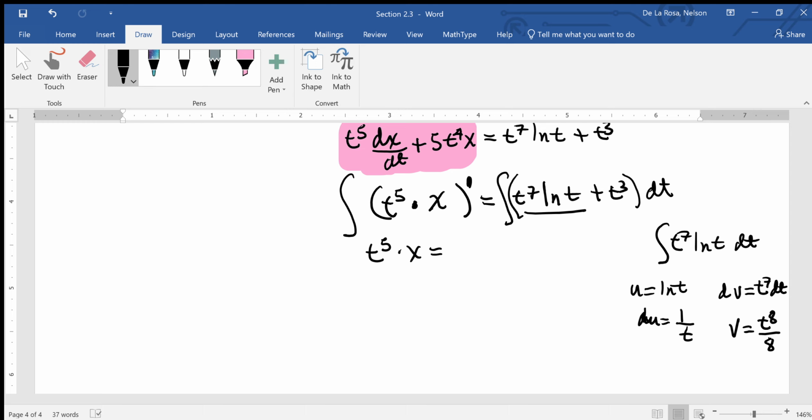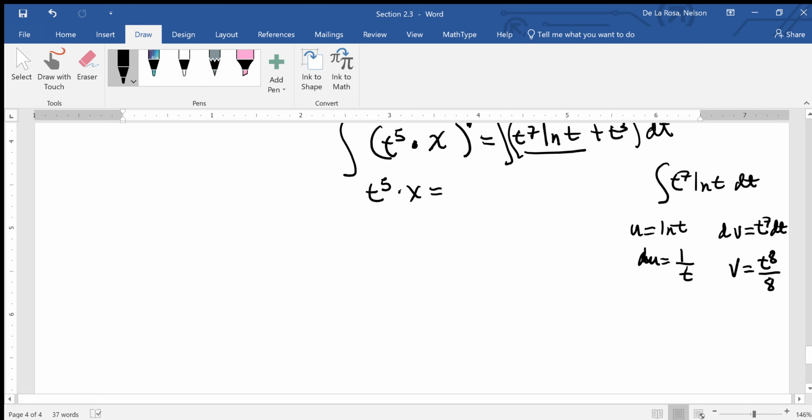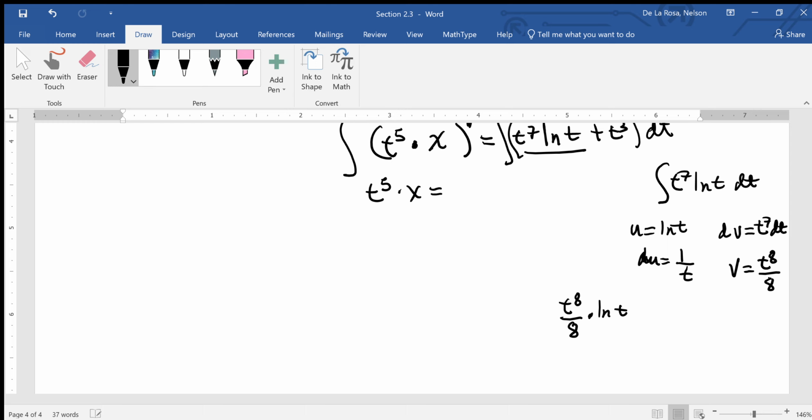So that is a strategy to solve the integral for t to the 7 times ln of t. So now this integral is equivalent to v, which is t to the 8 divided by 8 times ln of t, minus the integral of v times du.